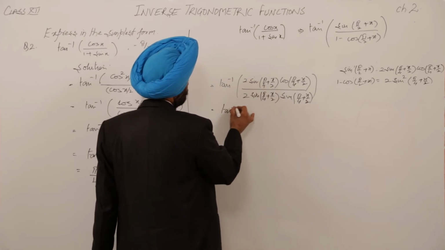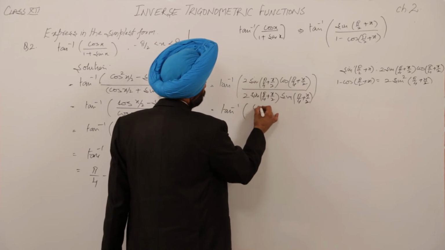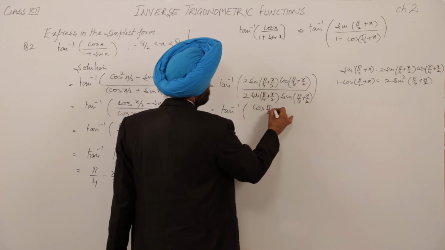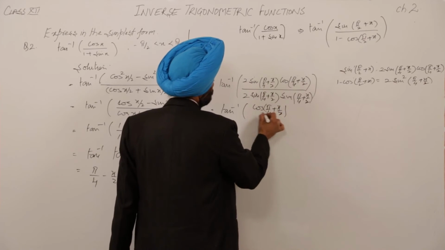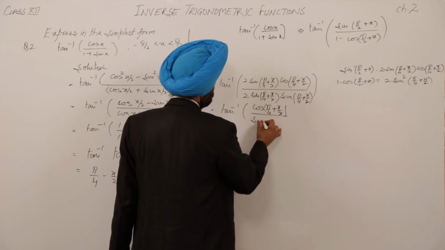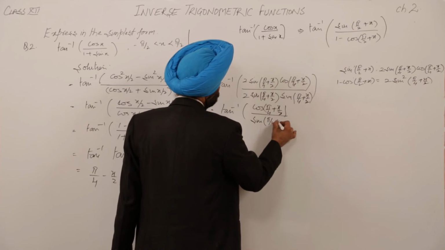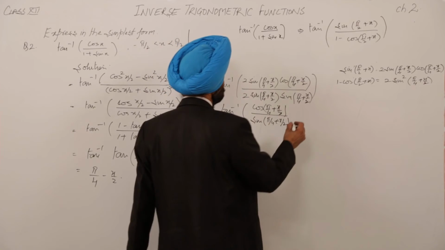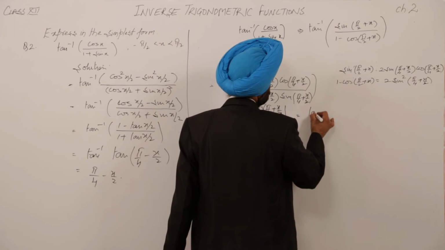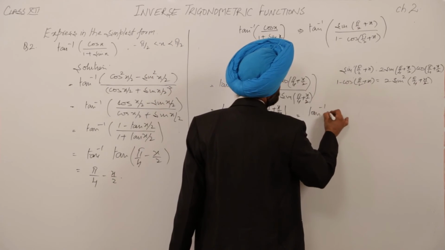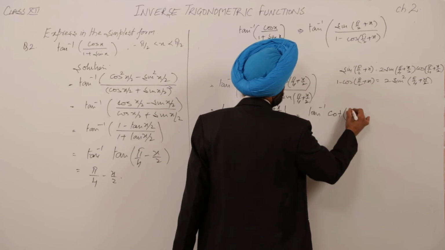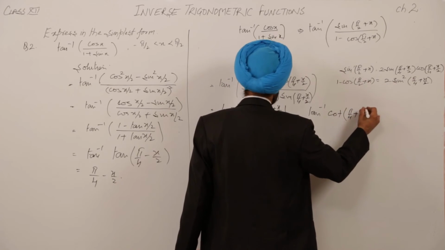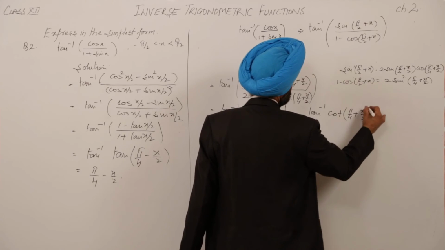So now finally I am left with cos pi by 4 plus x by 2 upon sin pi by 4 plus x by 2. Now what is cos theta upon sin theta? It is cot theta. So we are left with tan inverse cot pi by 4 plus x by 2.